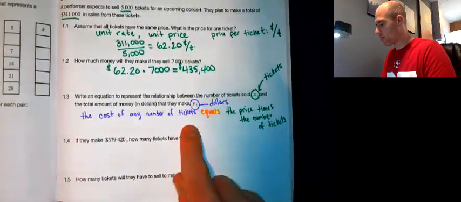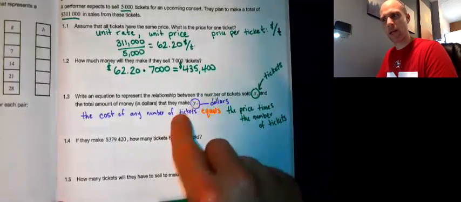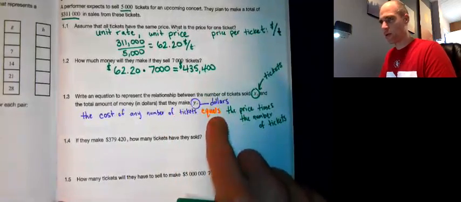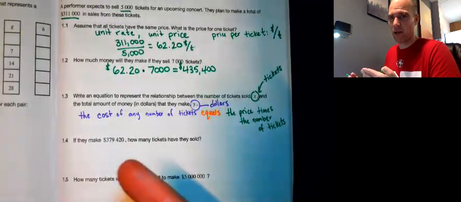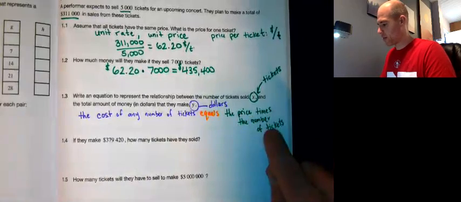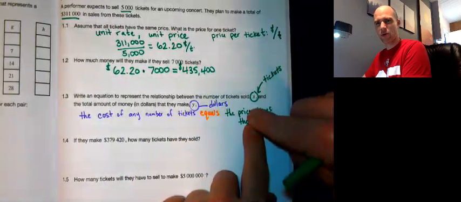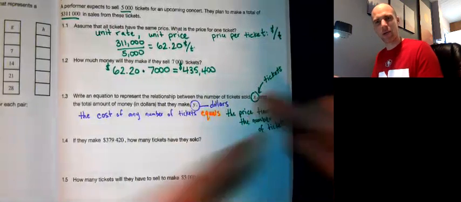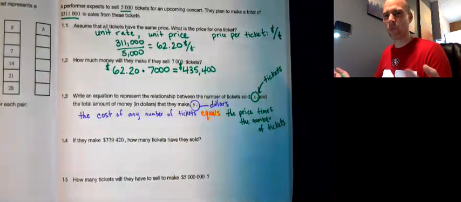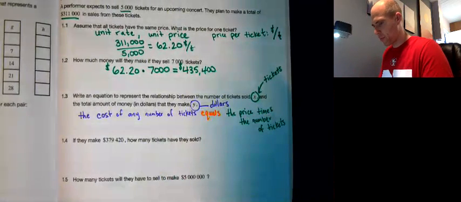The cost of any number of tickets, which is going to be the dollars, y, so that's why I put it in purple to match with that, equals, so that's where we're going to use an equal sign in our equation, the price times the number of tickets. So the number of tickets is represented by x. Maybe I could have used a different color for the price, but I only have 3 colored markers, so we can only do what we can do. So let's put this together now.